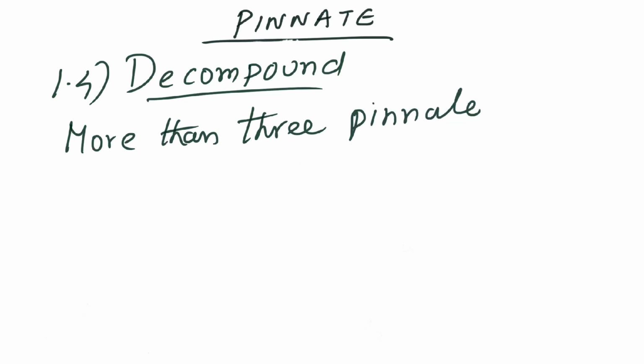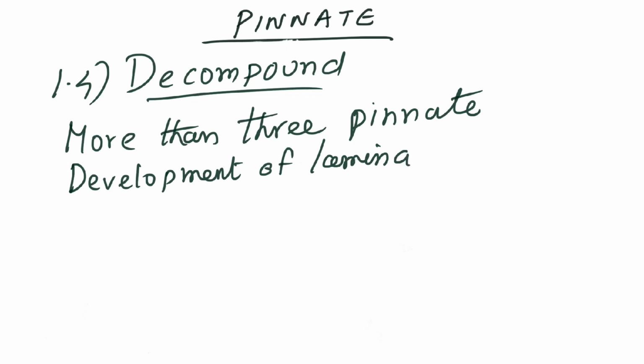So you're not dealing with just a tertiary axis on which leaflets are developing. It's going into more than that. That basically means that the axis on which the development is happening goes into multiple divisions.